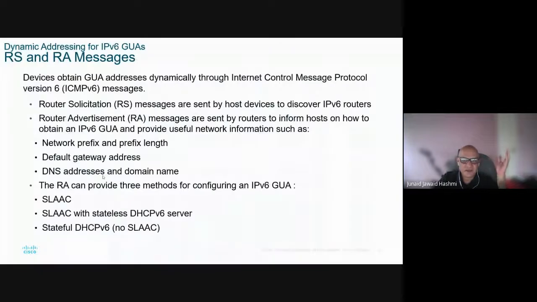Now, dynamic addressing. Just like IP version 4, where you have a DHCP server that can assign addresses automatically, in IP version 6 devices can also obtain addresses automatically. The first step is that router solicitation messages are sent by the host to discover IP version 6 routers, just like IP version 4.